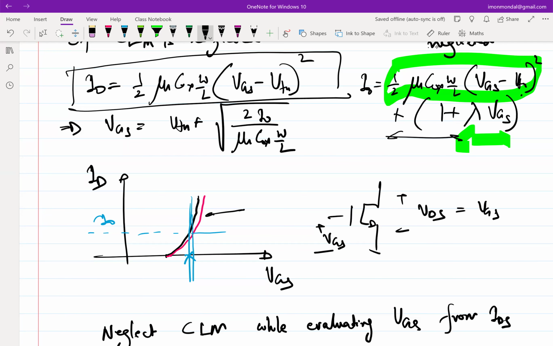When we are changing VGS, the VDS is also increasing. That is the inherent assumption that I made. A circuit can be made like this, but it need not necessarily be true all the time.